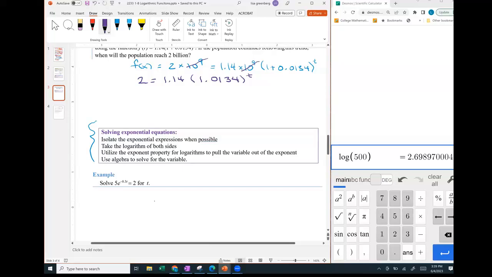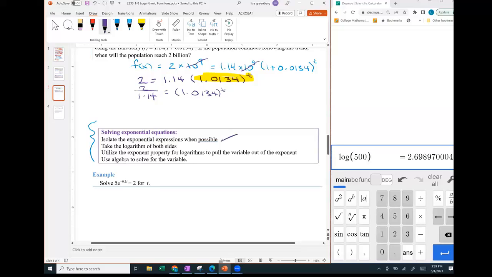Notice what we're trying to do is isolate the exponential expression. So my exponential expression is right here. To do that, I'm going to divide both sides by 1.14. And now I have isolated my exponential function, haven't I?